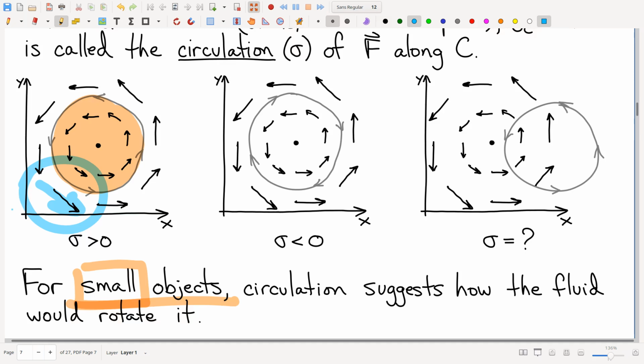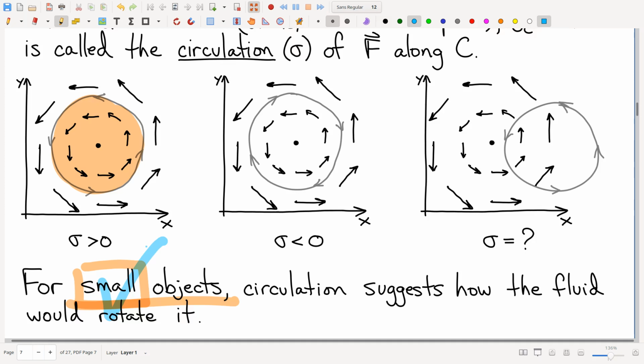Now, to be fair, circulation only considers the boundary. What about all that interior? The water underneath the leaf is pushing it as well. And this is where I'm going to invoke the smallness and say nothing that different happens. And we'll be able to make all this more precise next week. But roughly speaking, there's nothing dramatically different about what's happening on the inside versus on the outside.